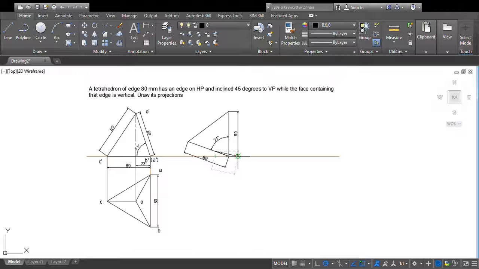So I got that point. From there I can just draw this line, so I got that apex also. Now I have to convert this to chain line, so I got that as chain line. Now I got all these points. Now I'll just name it.